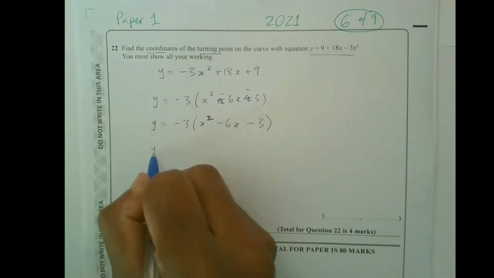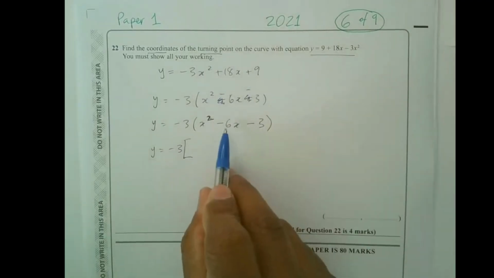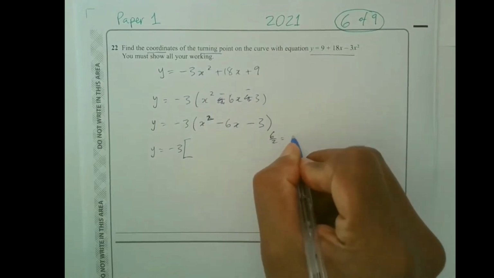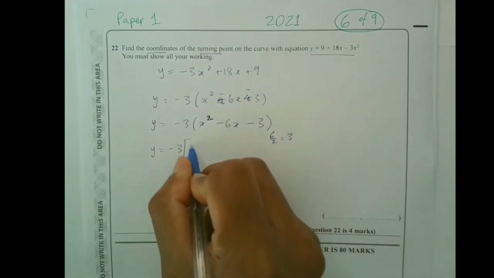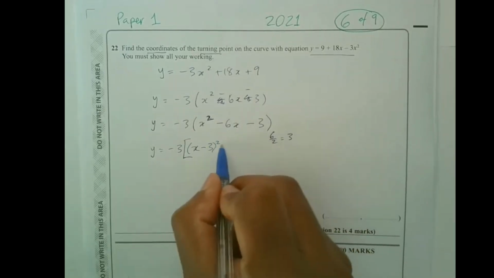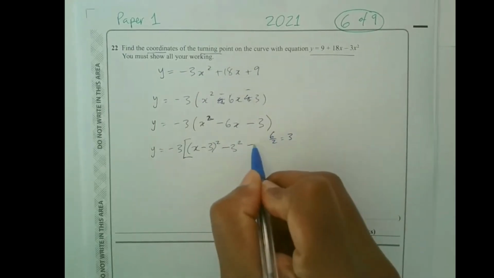Following my steps, minus 3, I'm going to put square brackets so I don't confuse it. My step 1 was the coefficient of x, half it. 6 divided by 2 is 3. So it's going to be x minus 3 all squared, take away 3 squared. And then I've got the take away 3 there.